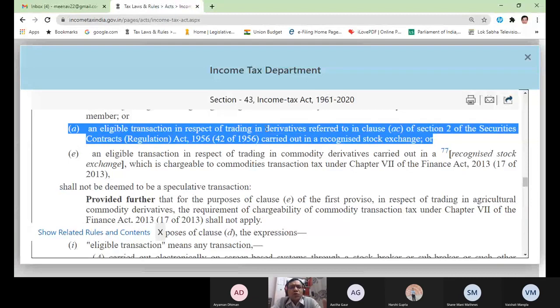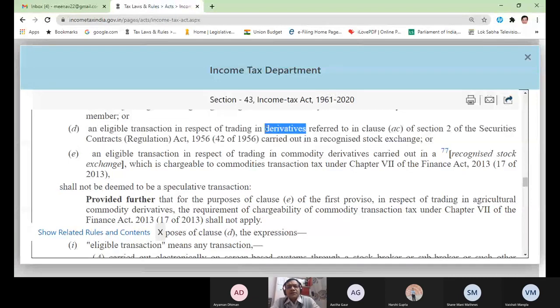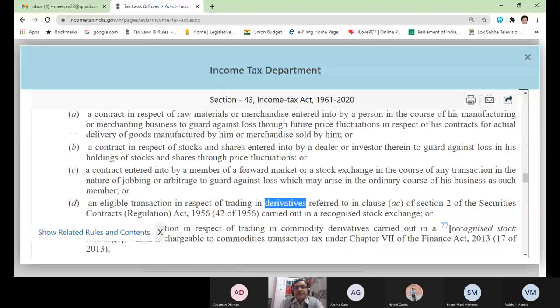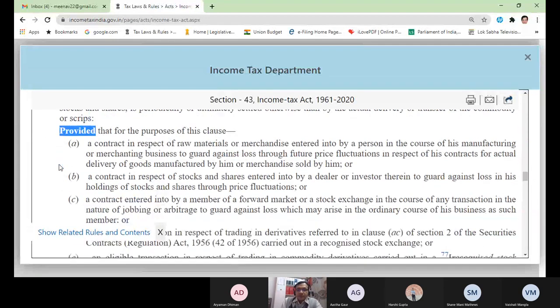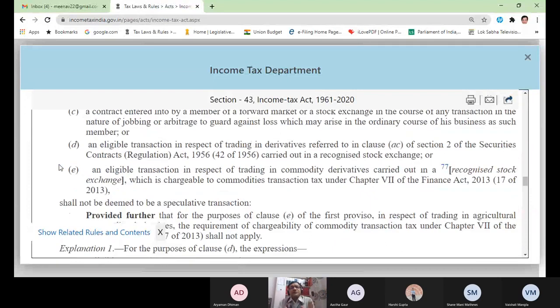In case of derivative also you don't go with actual delivery, but still if you go by the definition of 43, it should be speculative. If you go by these 3 lines, it should be speculative, but the exception says it is not speculative. So derivative is not speculative. Forward trading is not speculative because these are specifically excluded.